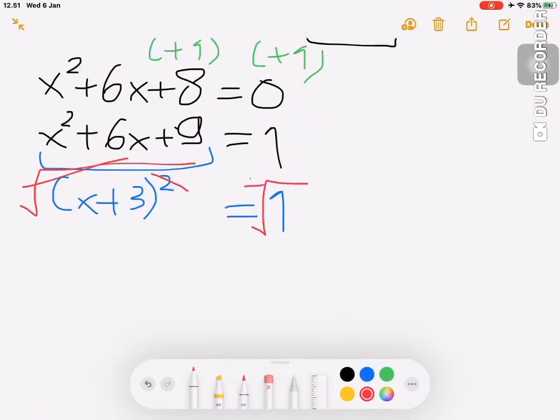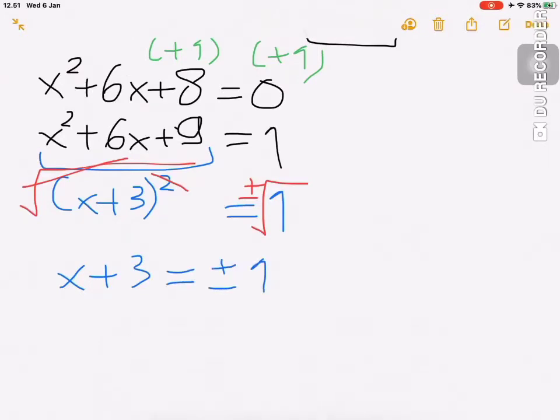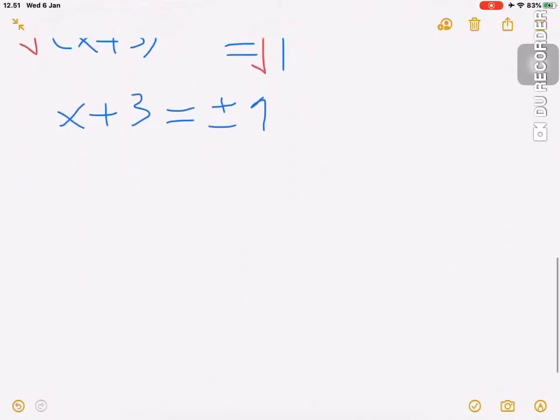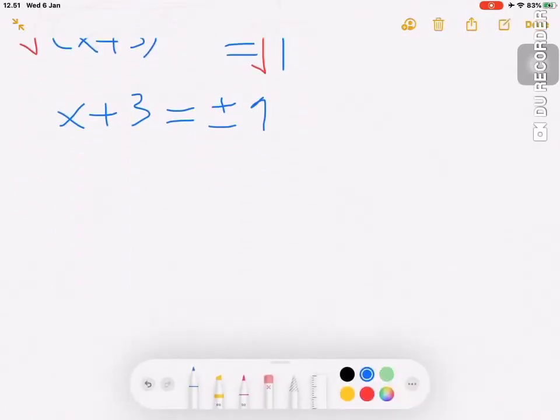So we get x plus 3 squared equals 1. Of course we can take the square root on both sides. The square root with this square will cancel, and don't forget the plus or minus sign right there. We get x plus 3 equals plus or minus 1.